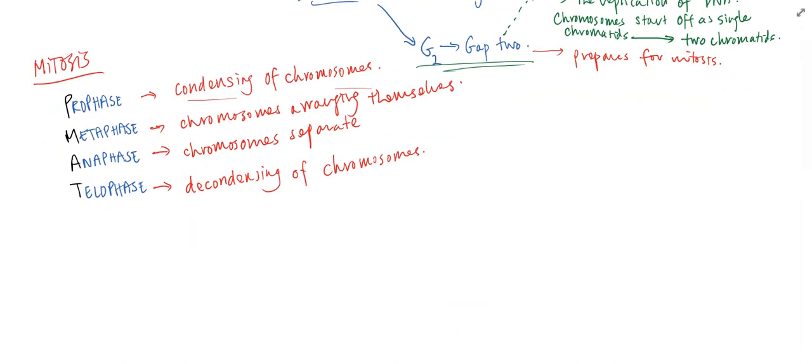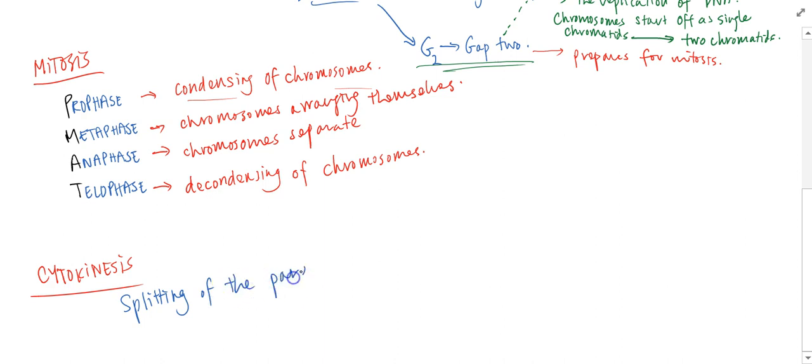And so what follows mitosis is cytokinesis. So cytokinesis is the splitting of the parent cell into 2 new daughter cells.